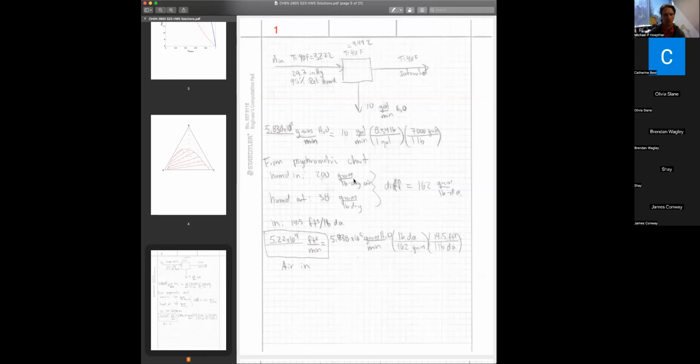So this is just some unit conversion, converting the volumetric flow rates to mass flow rates and then back to air volumetric flow rates. So I want 10 gallons per minute. So I need to know how many grams or pounds of water that is. And then I need to figure out how much flow rate of dry air I need in order to get that amount of water being produced. Yeah, that makes sense. Is that good? Yeah. Perfect. Thank you.